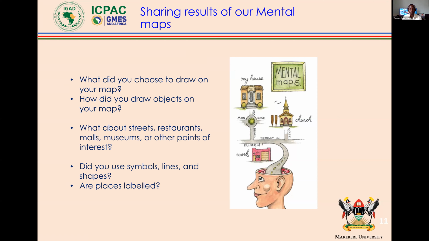Some people drew markets, of course, different objects. We drew them on the road, and the simple reason is because we were imagining how we were moving from our home to our school, to the university or to our workplace. So we were imagining different components that we meet along the road.